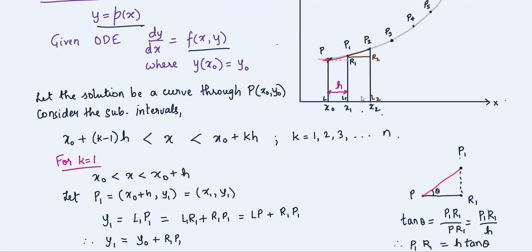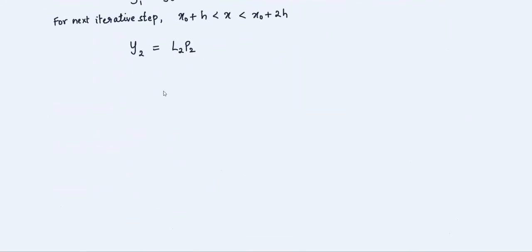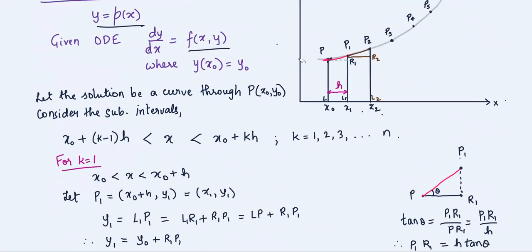Correct? L2 P2 will be equal to L2 R2 plus R2 P2. This is L2 R2 plus R2 P2. And L2 R2 is same as L1 R1. No, it is not L1 R1, it is L1 P1.